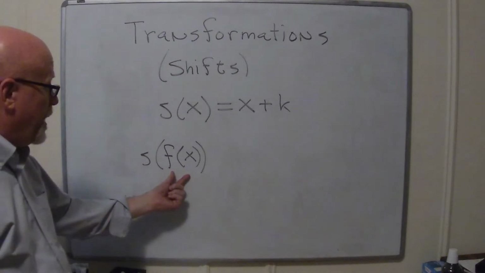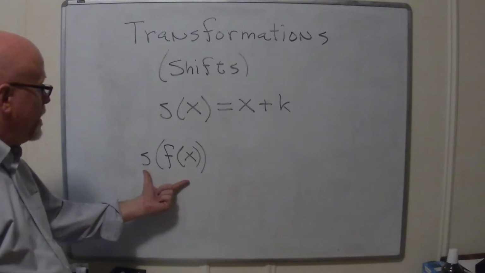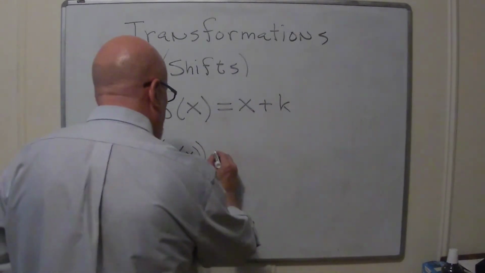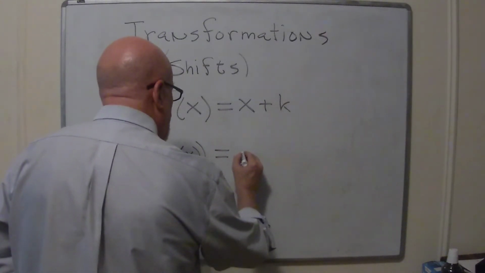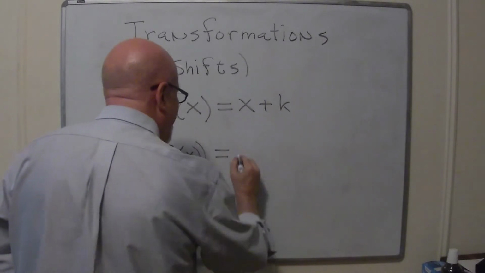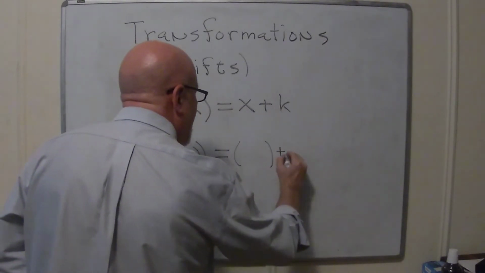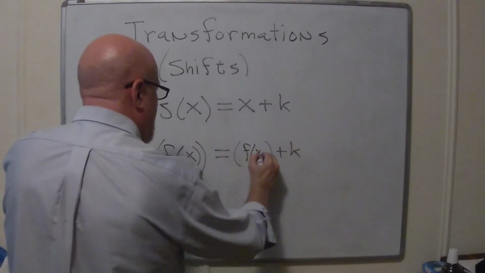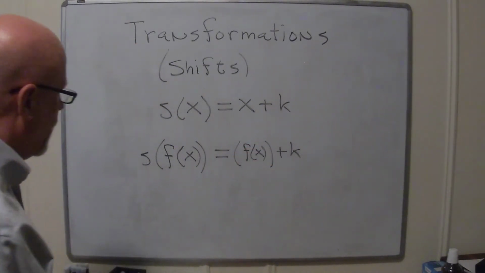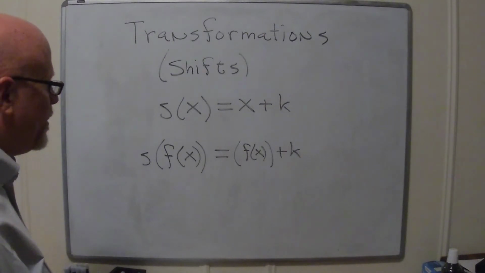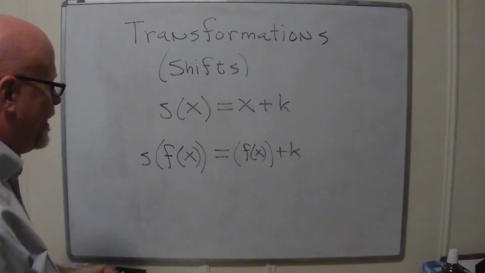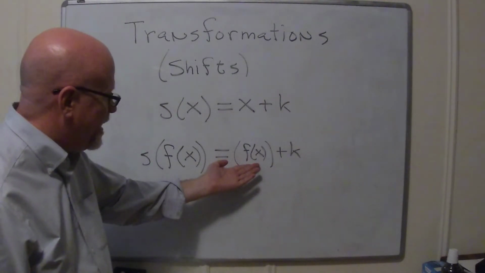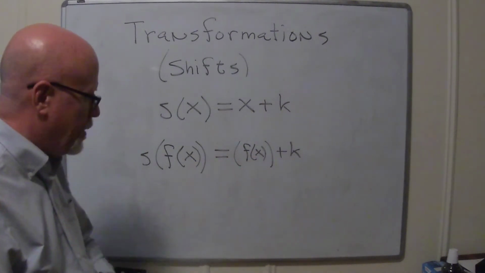Well, you take the formula for the outer function, s of x, and where it had an x, leave a blank, and then you plug f into it. So this is just going to look like f of x plus k. What does this do overall? It just takes whatever values f had at x and adds that constant to them.